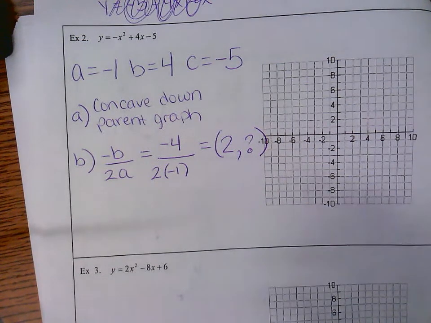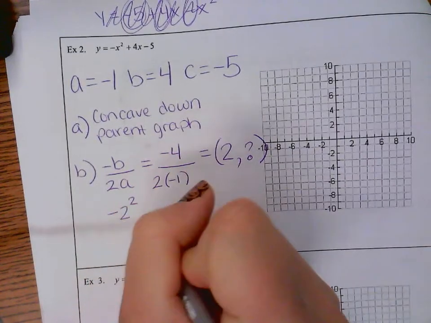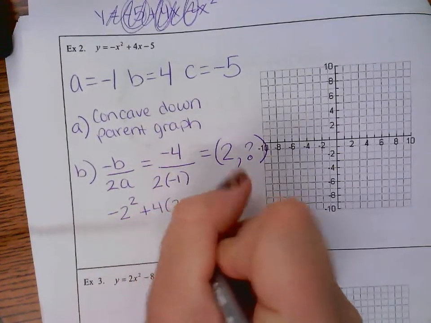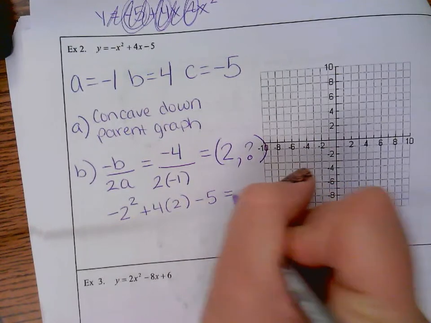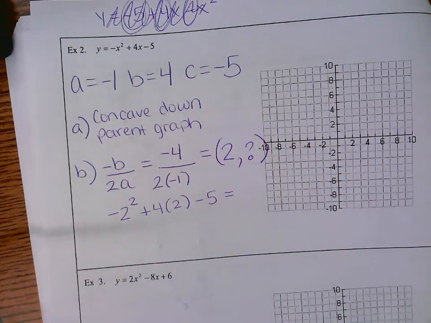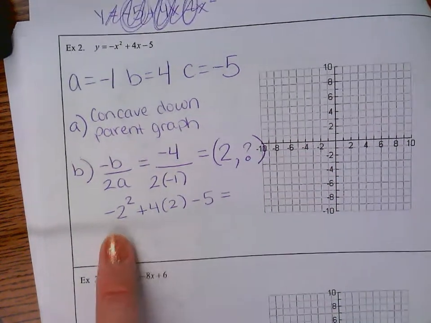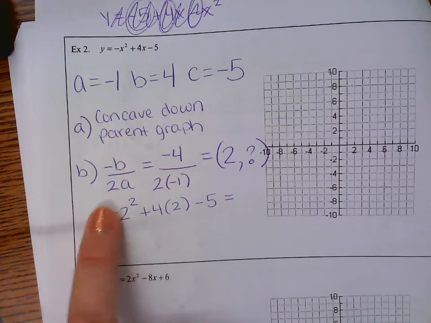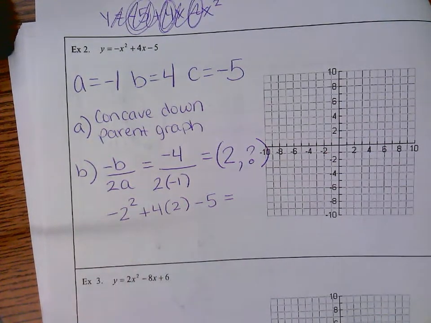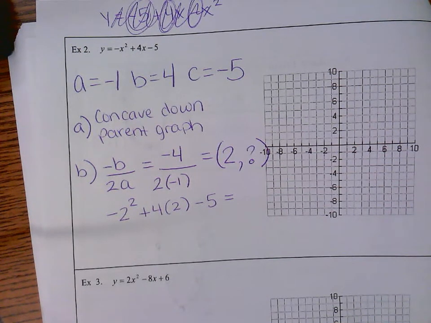So it would be negative 2 squared plus 4 times 2 minus 5. See if you can get the right y value. And remember that if it's a negative 2 squared, it's going to stay negative because the negative 2 is not in parentheses. So keep it a negative 2 squared. What would you get as the y value?